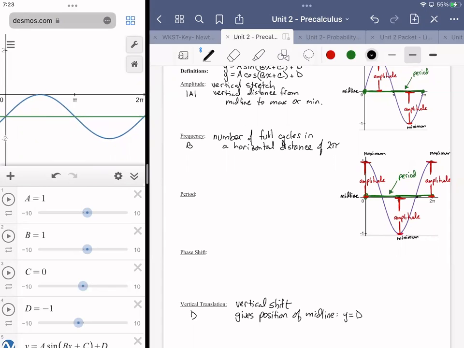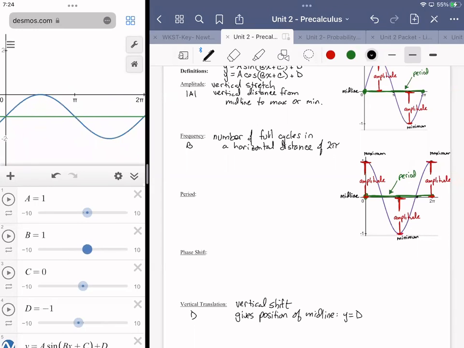So if I change my b value to a 2, now I have 2 full sine waves. If I change it to a 3, I have 3 full sine waves. 4, 5, and so on. So that makes sense. But then you start wondering, well, what about negatives? So, negative b value. It just changed the orientation, but it still has 1 full sine wave. Here's my positive 1.